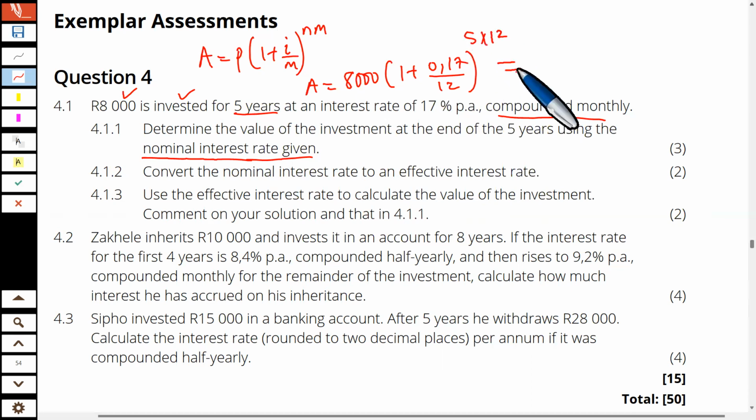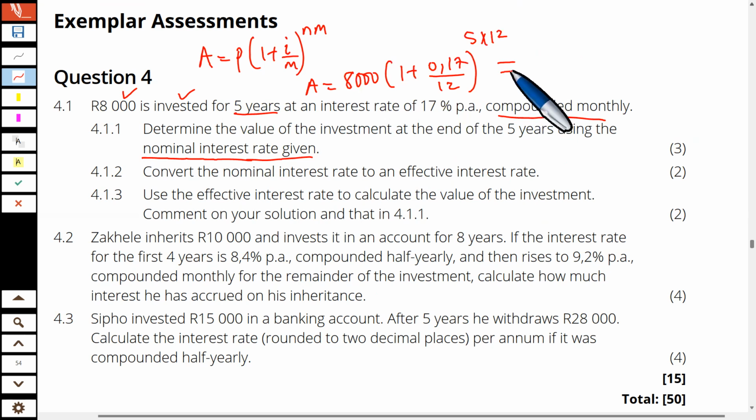We use our calculator and we're able to get exactly what the 8,000 is going to become once invested. So this is what it will most certainly become, this 8,000 after investment. So it becomes exactly this.